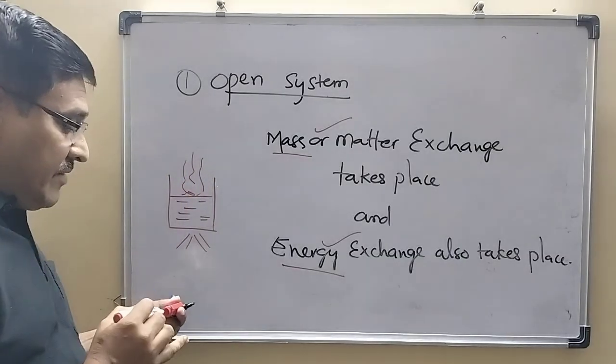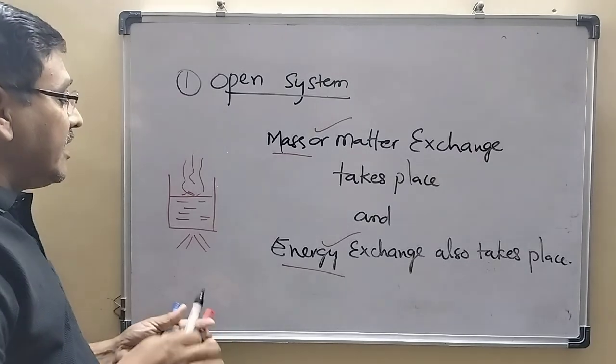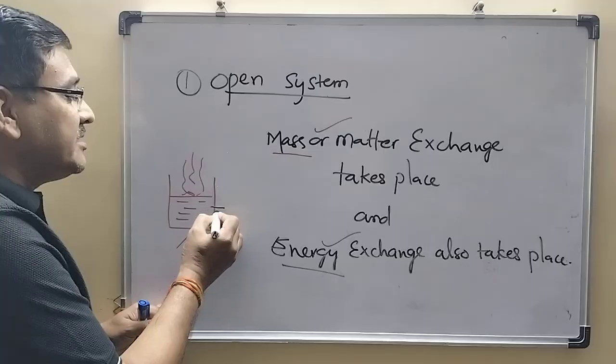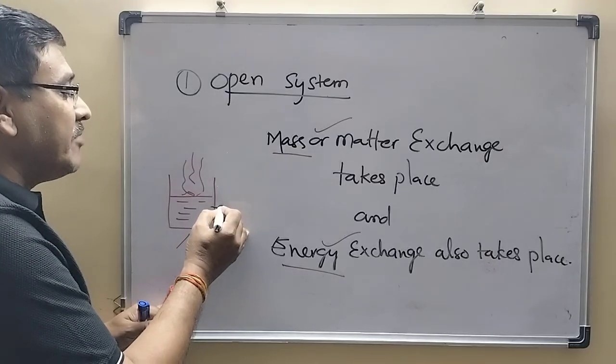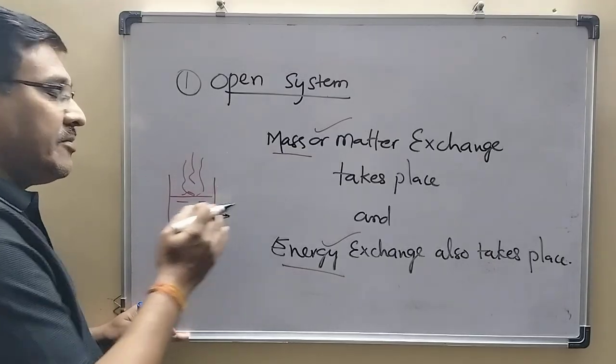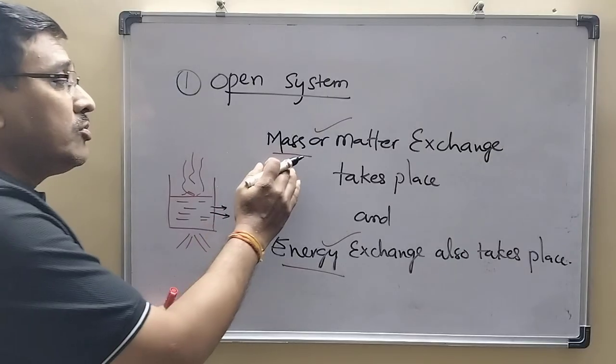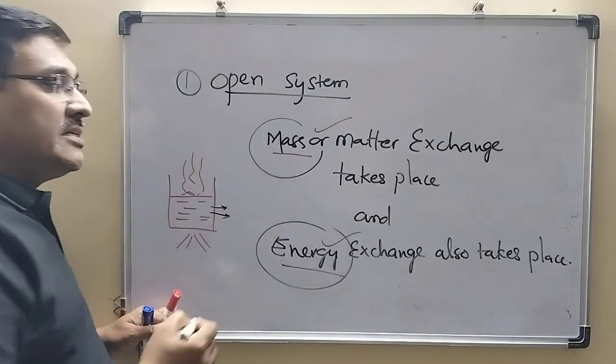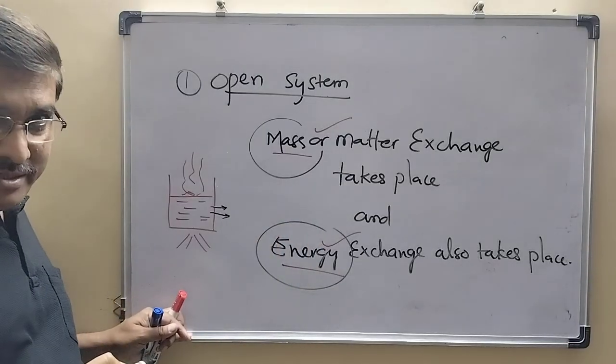Similarly, when there is heat energy, the transfer of heat energy also takes place by means of this boundary. So both mass or the matter, and energy exchanges take place in an open system.